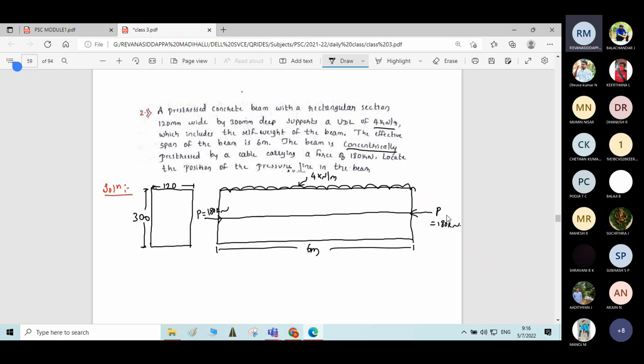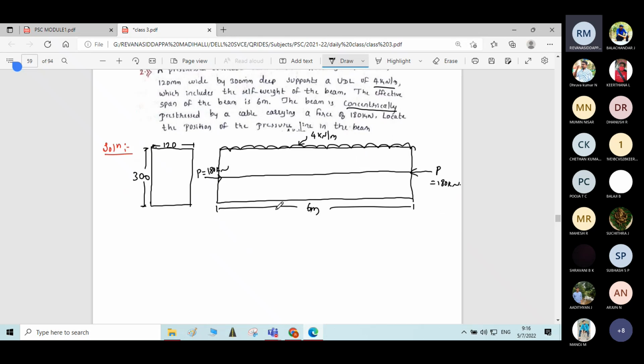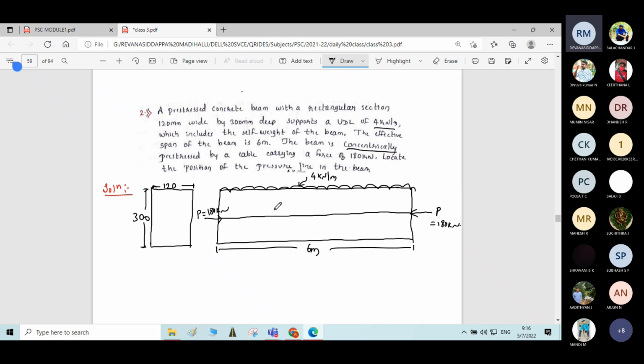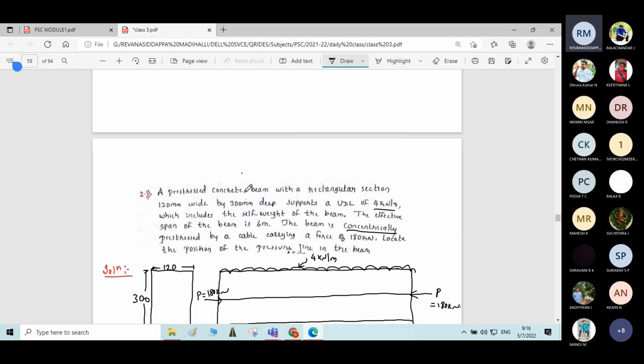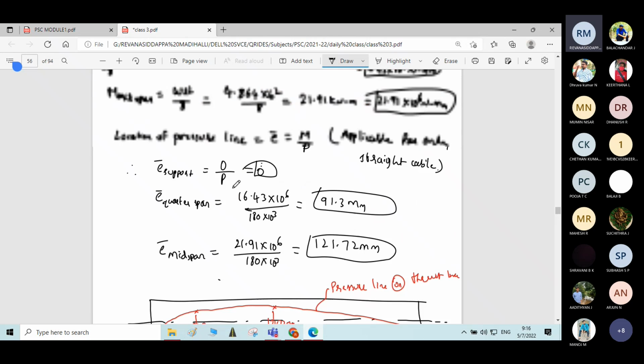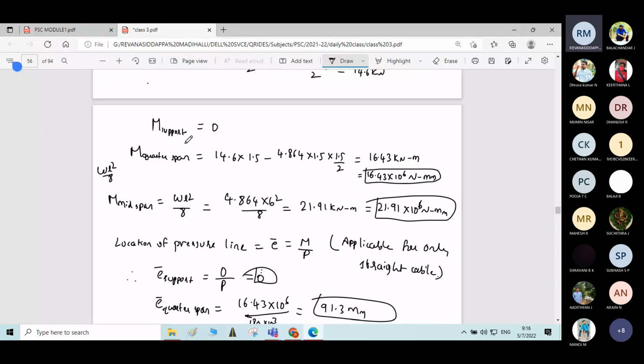Okay. What is the question? Question is to locate the position of the pressure line in the beam. So here also we have to follow the same procedure, whatever procedure we have followed for the previous problem. Now we have to find moment at support, quarter span and mid span.